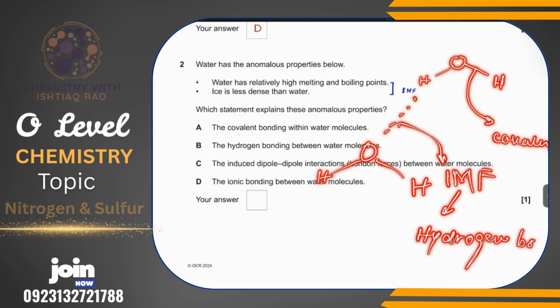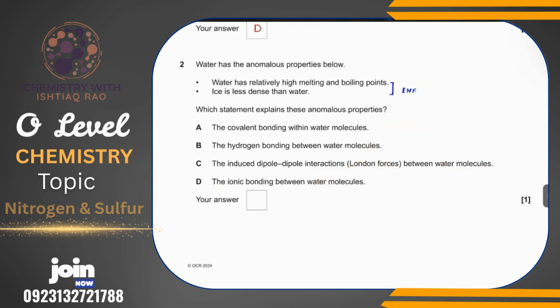What is hydrogen bond? The bond between hydrogen and a highly electronegative element. And how many elements do we have with high electronegativity? We have three: F, O, N. So O is one of them, of course. So the water molecule has hydrogen bonding. Then option A is wrong.